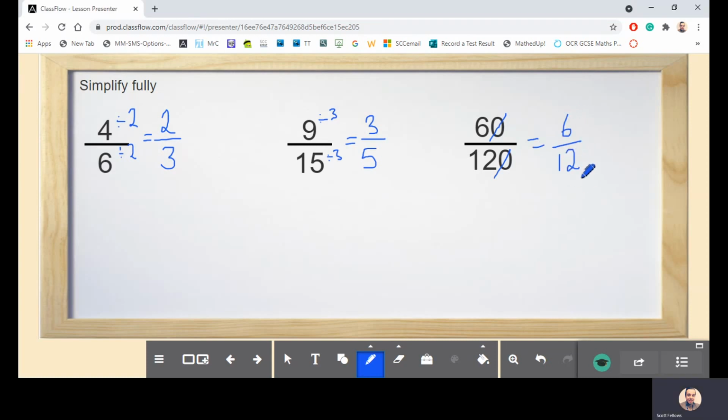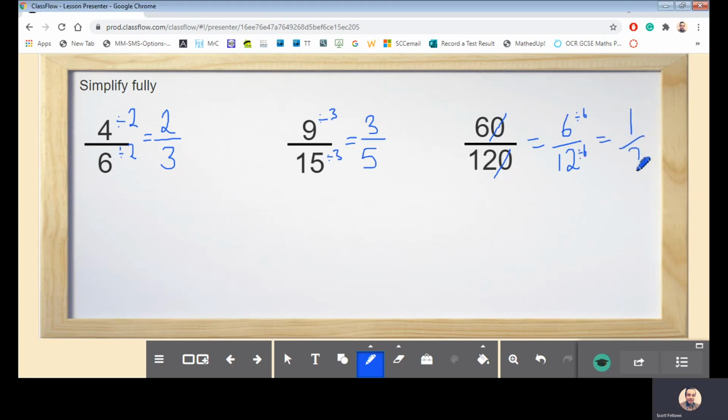Find a number that goes into both. Okay, well, they're both even, so you could do 2, or you could do 3, or you could even do 6. Okay, so you can divide top and bottom by 6. That goes into both 6 and 12, which leaves you with 1/2. If you did do 2, you'd still be able to get to a half. You'd have to cancel again. Okay, but looking for the biggest number is the best way to get there fastest.